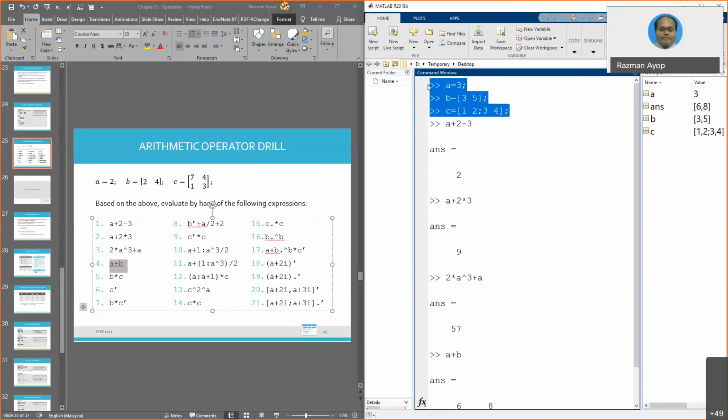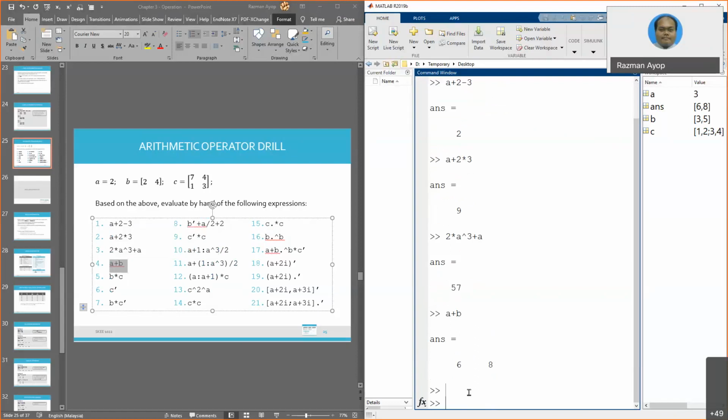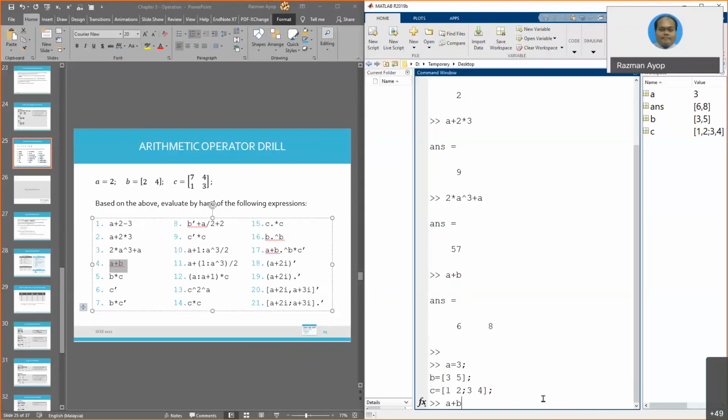So let me copy this. Okay, so A plus B, you will get this answer. So A plus B is just 3 plus 3, and then 5 plus 3. You get 6 and 8.